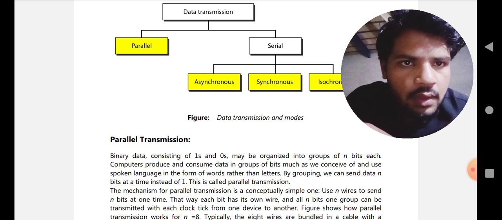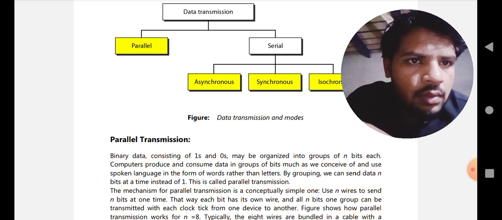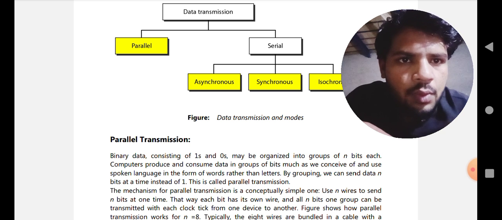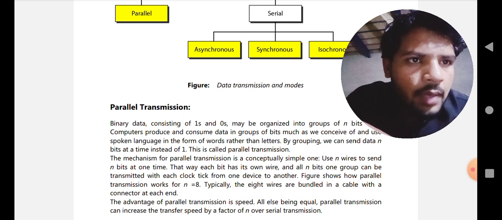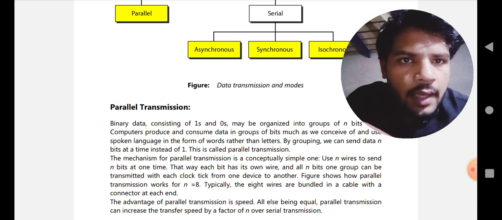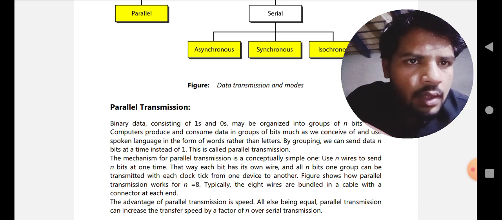Computers produce and consume data in groups of bits, much as we receive and use spoken language in the form of words rather than letters. By grouping, we can send data n bits at a time instead of one. So this is called parallel transmission.